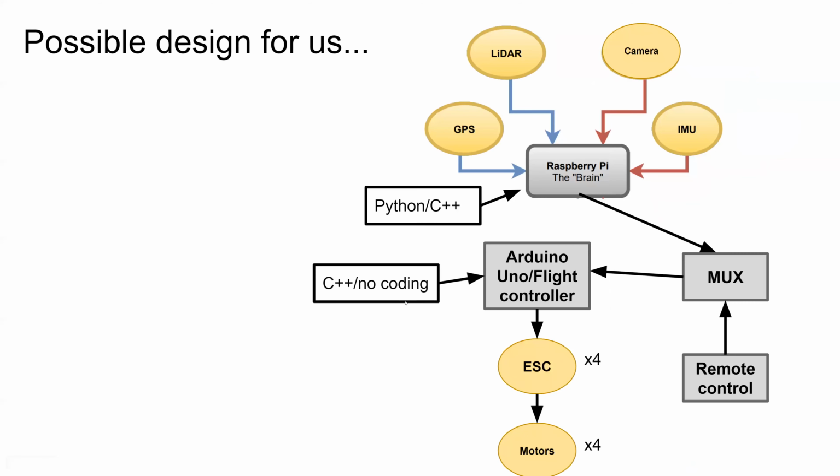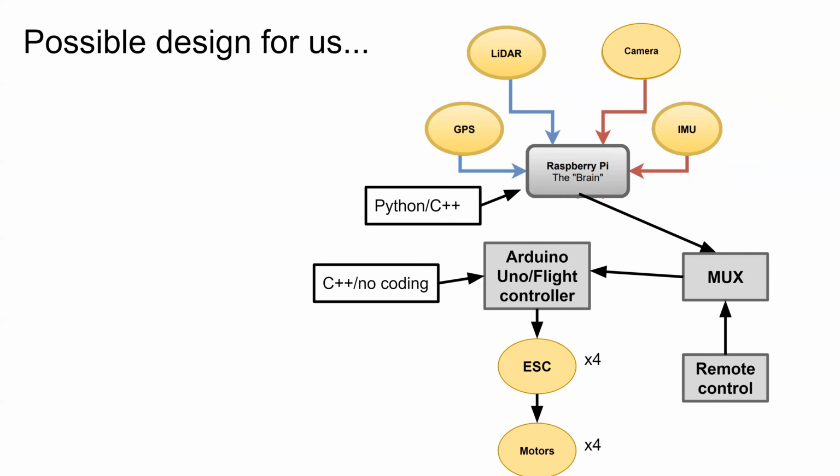And then this is another variation of that last design, but with the Raspberry Pi, we can either code in Python now, or we can also just stick to C++. And then instead of just using an Arduino Uno, we might be able to use an off-the-shelf flight controller, like the ones that you would see on a commercial drone.